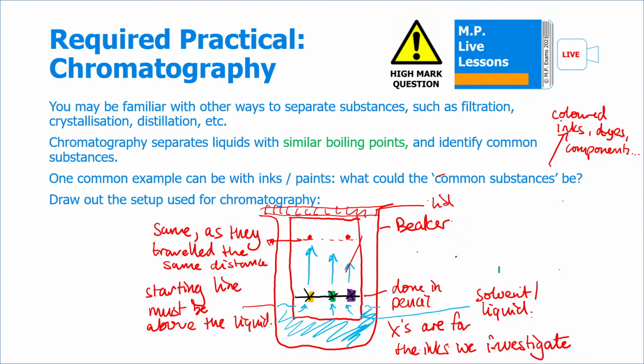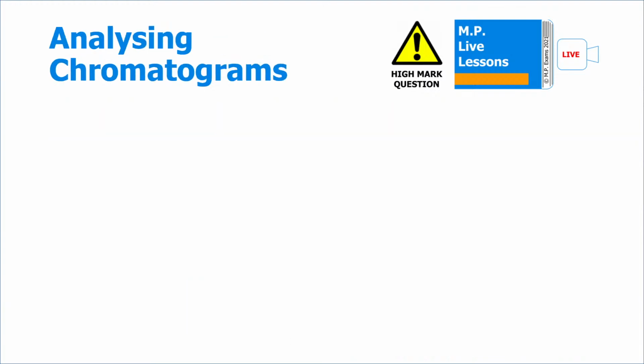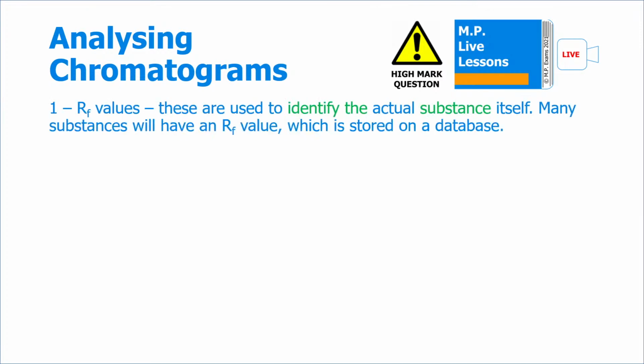Now, one other thing you may need to be familiar with are RF values when you analyze some chromatograms. These are used to identify the actual substance itself. Many substances will have an RF value which is stored in a database. RF values are like how far they get carried up the chromatography paper, so it depends on how far the solvent has traveled as well.